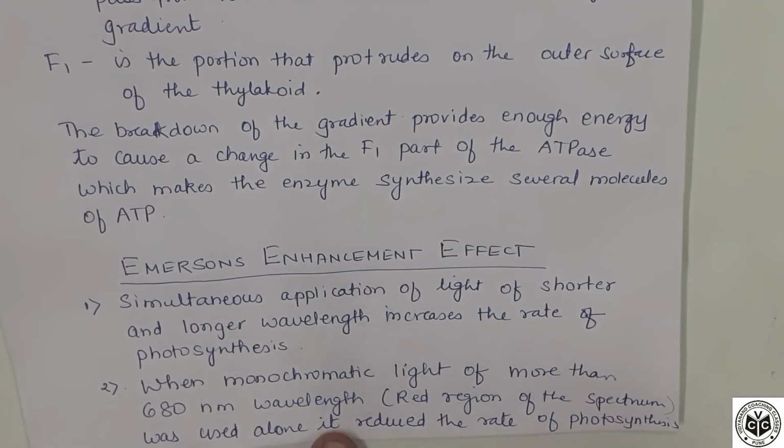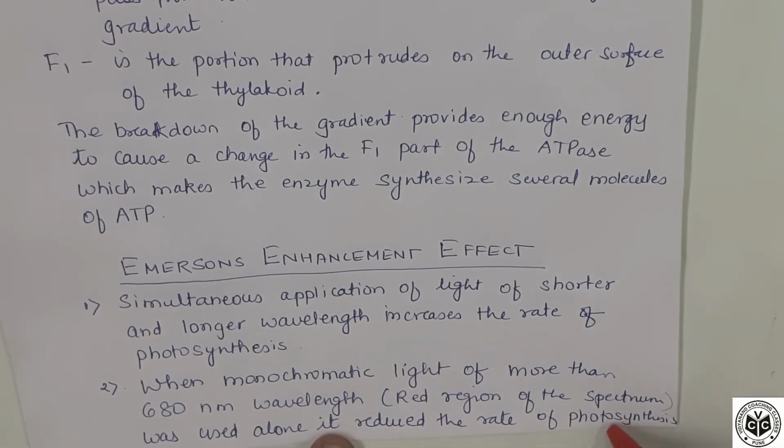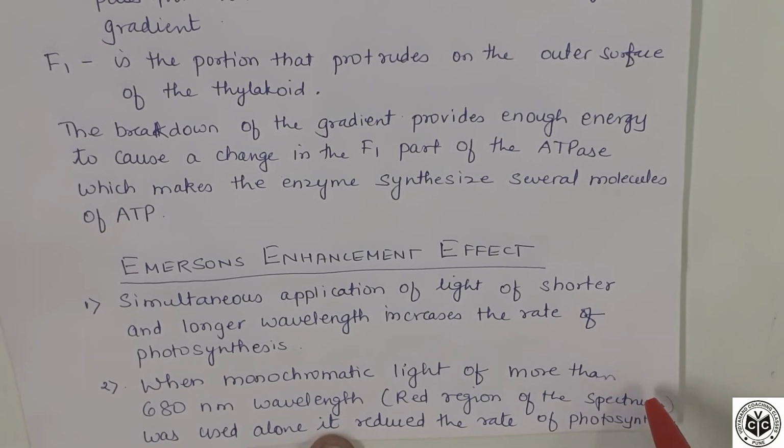Which means if you expose the plant to only one light of a single color, for example red color, which is of a wavelength 680 nanometers, and the plant is continuously exposed to this wavelength, then there is a drop in the rate of photosynthesis, which is also called the red drop. So once again, when you apply light of shorter and longer wavelength simultaneously, only then does the rate of photosynthesis increase. So this is the Emerson enhancement effect.